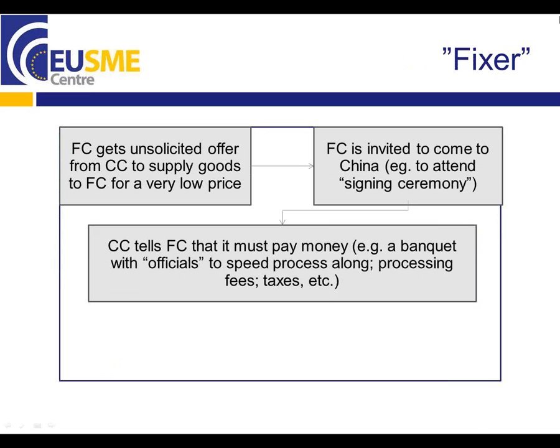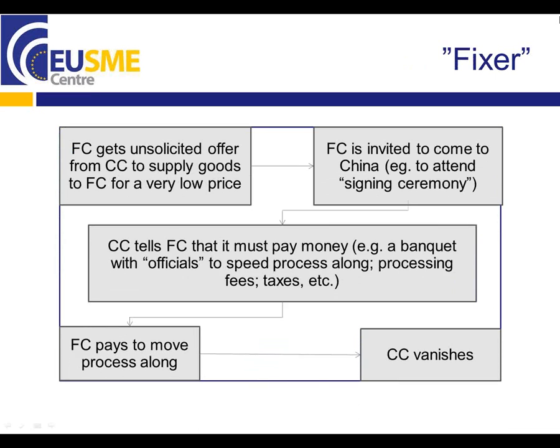Another option is the fixer. Again, a foreign company gets an unsolicited offer from a Chinese company to supply goods for a very low price. Then the foreign company or its representative is invited to come to China, for example to attend a signing ceremony with the CEO or other important officials.